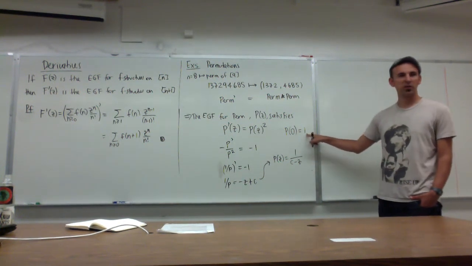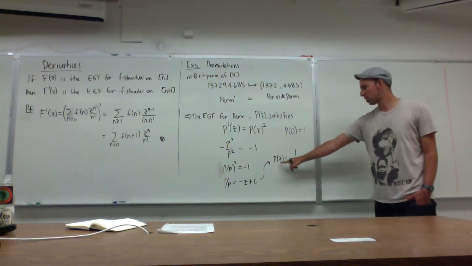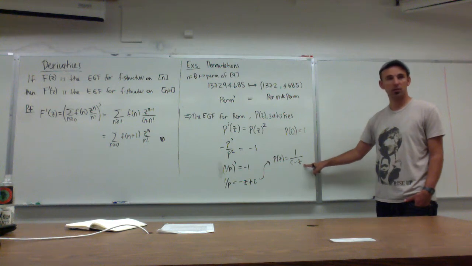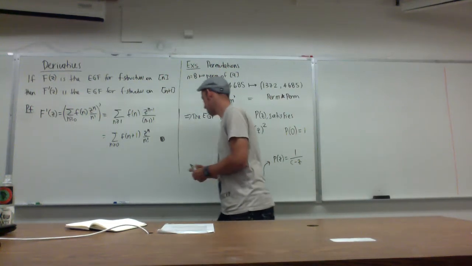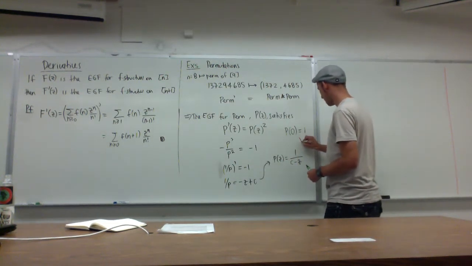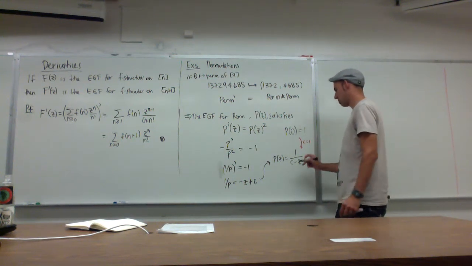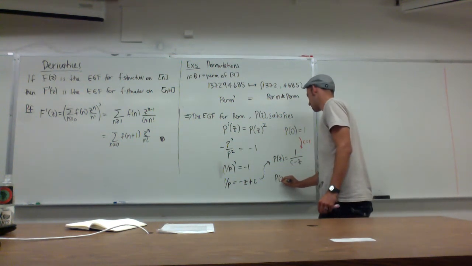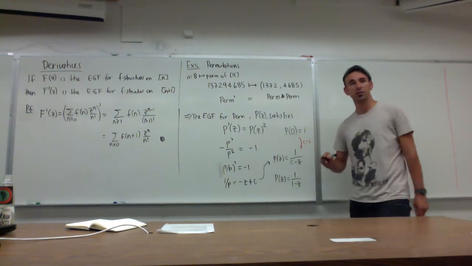But I have my initial value that p of 0 is equal to 1. And here p of 0 is equal to 1 over c. So therefore c should equal 1, and therefore p of z is equal to 1 over 1 minus z.